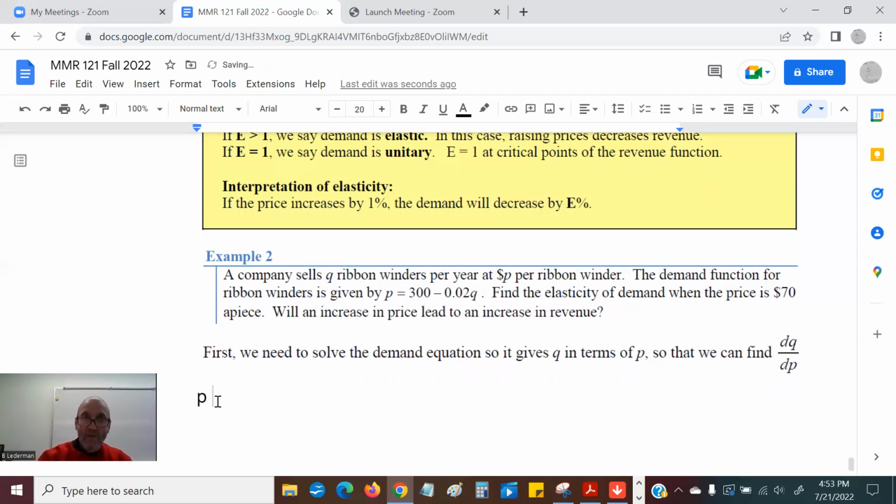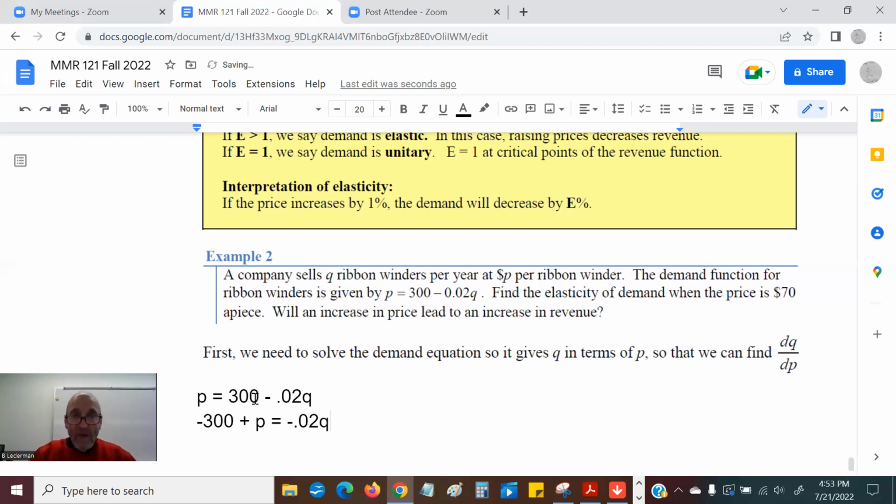P is equal to 300 minus 0.02Q. I'm going to bring the 300 over to the other side, so P minus 300 is equal to negative 0.02Q.